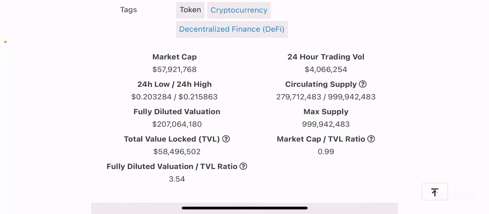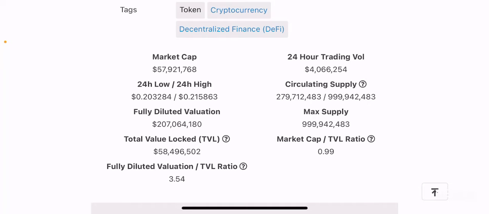Although the mathematics in theory says that the token is not really that much undervalued, I would say this token is in a way undervalued because it hasn't really had a significant pump, in my opinion, during this bull run, and since the bull run is not fully over, I think this token can pump even harder and reach some really good milestones.